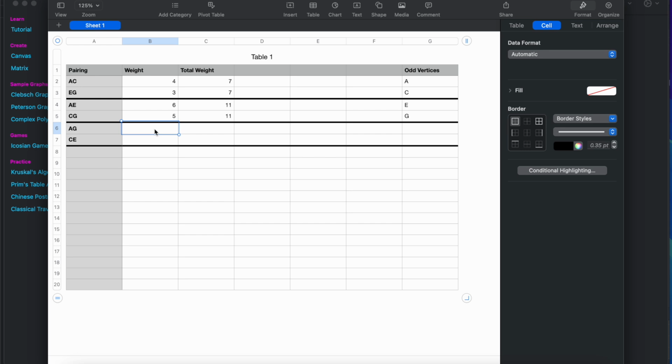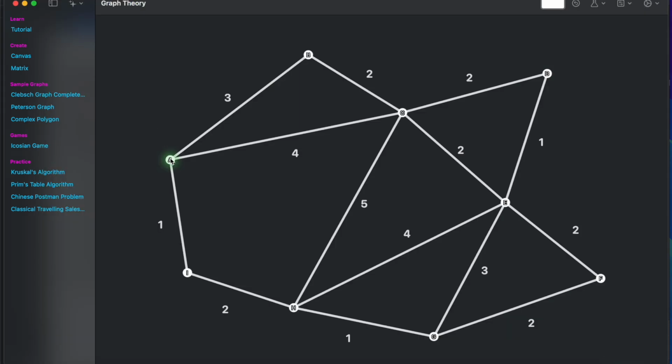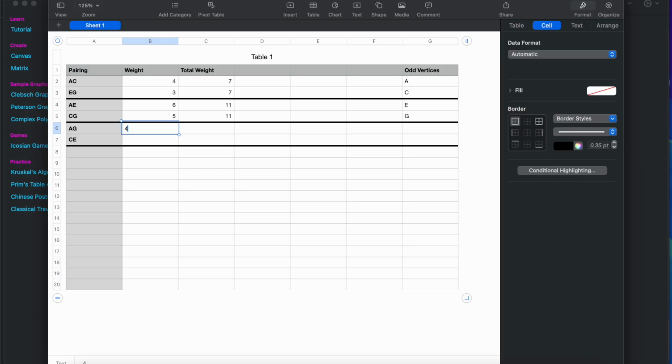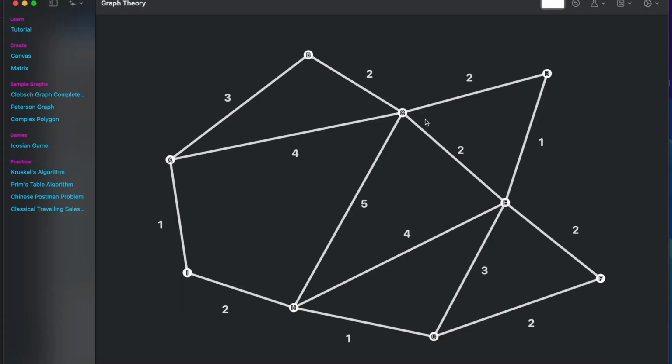Finally, on to our last pairing, we have A paired with vertex G. It looks like there are going to be 3 edges that make up the shortest path between those two vertices. So it's 1 plus 2 plus 1 for a weight of 4. And then between C and E, the shortest path is this direct edge of weight 2.